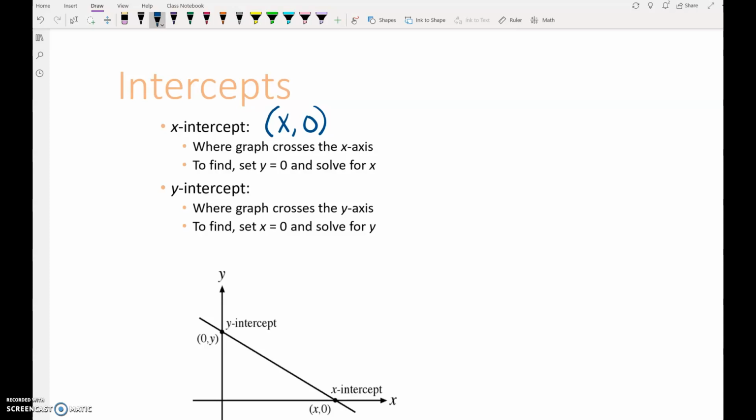Notice the other letter, the y, is 0. The y-intercept is always 0, comma, something. The other letter x is always 0. That's your strategy for how to find your x and your y-intercept. Plug 0 into the other letter and then solve and you will get the intercept that you're trying to get.